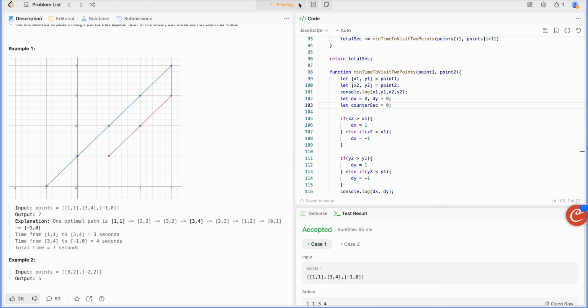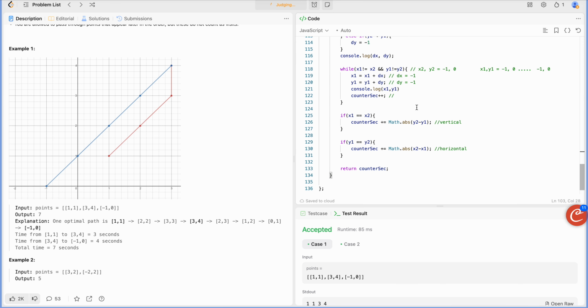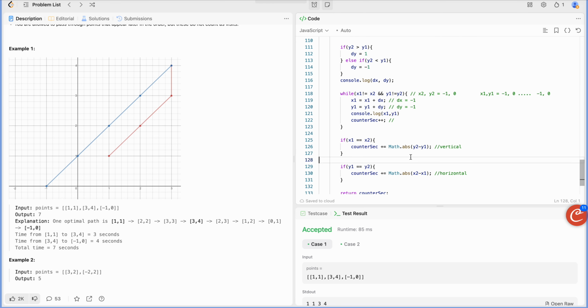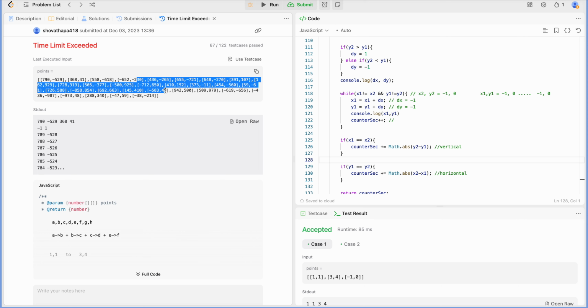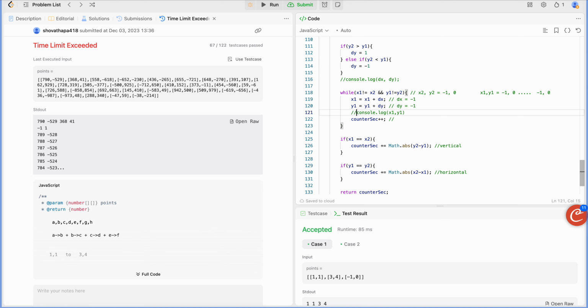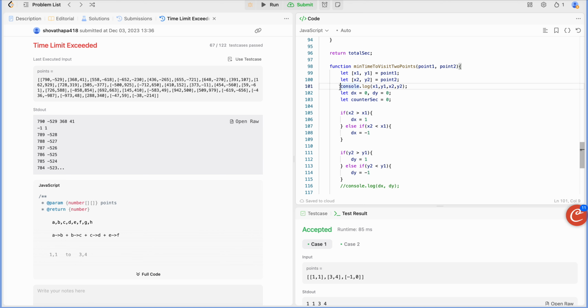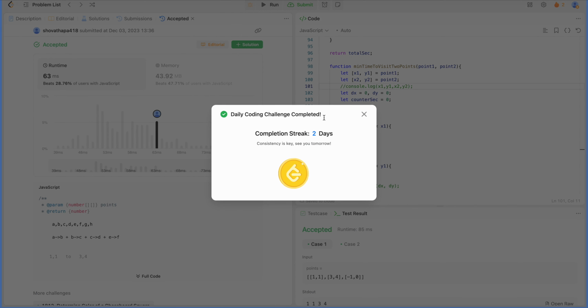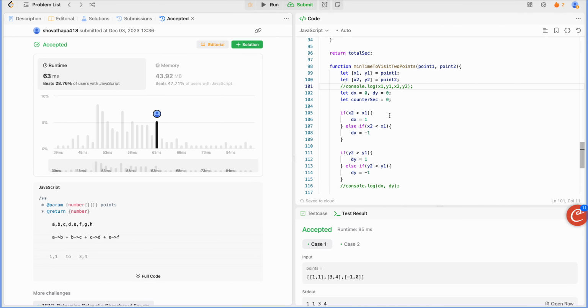Why am I making such mistakes? Okay, so 67 passed, and for one, it exceeded the time limit. Okay, it was accepted now.